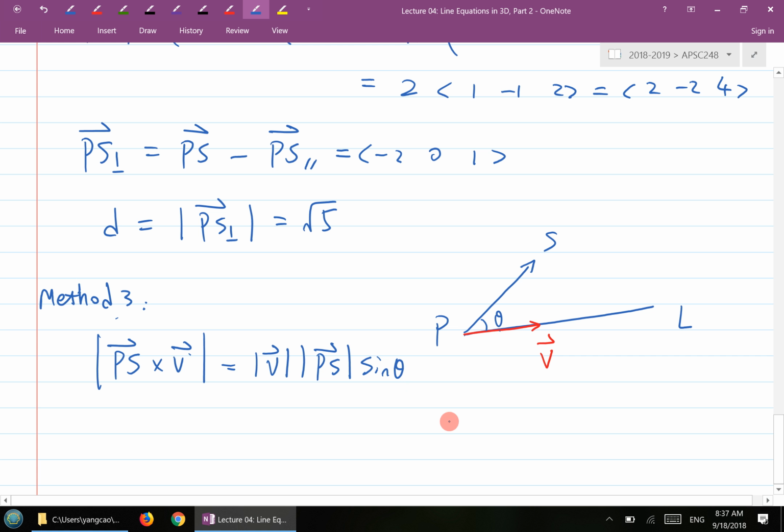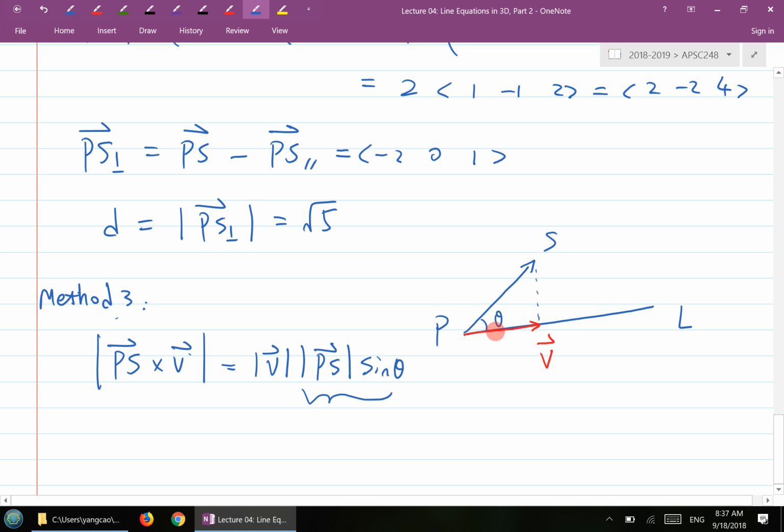However, if I examine it a little closer, particularly this length PS times sine theta. Here's the PS, here's the theta. And look, what is PS times sine theta?